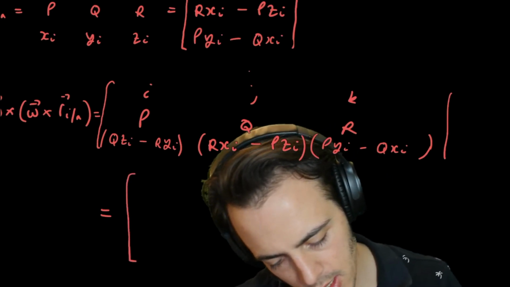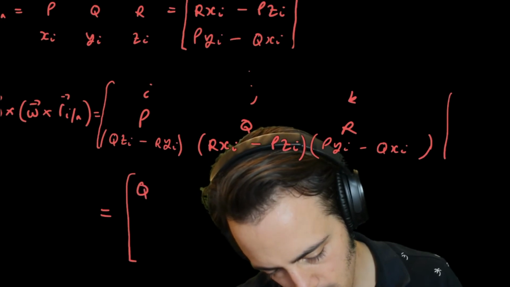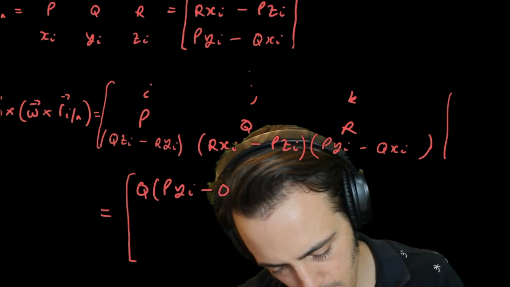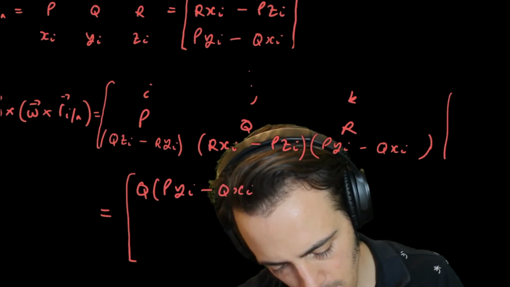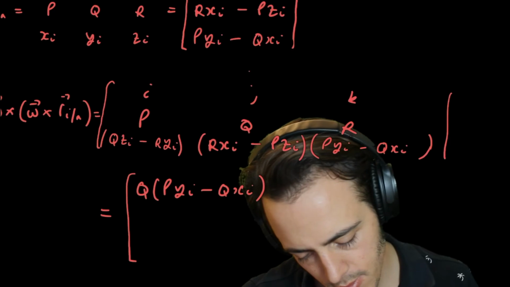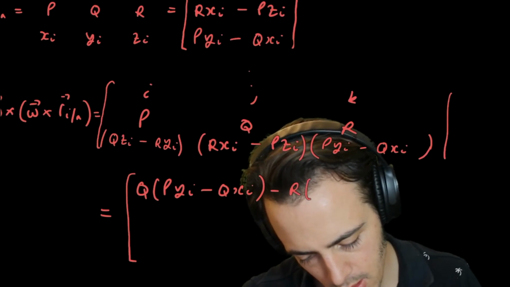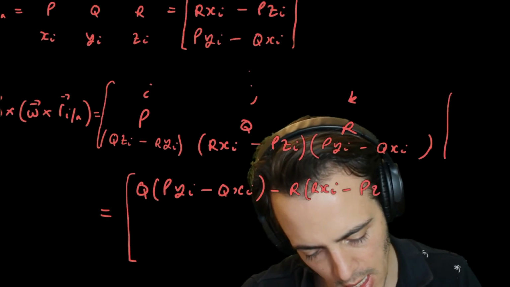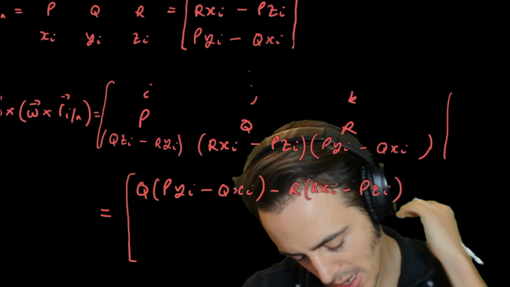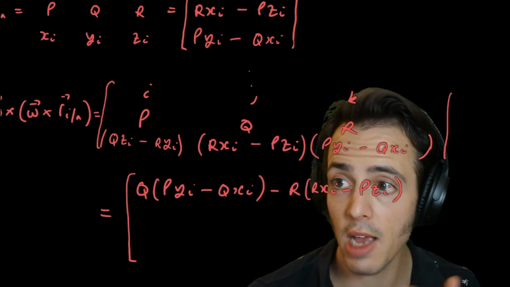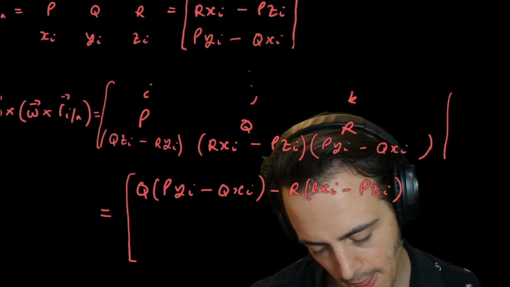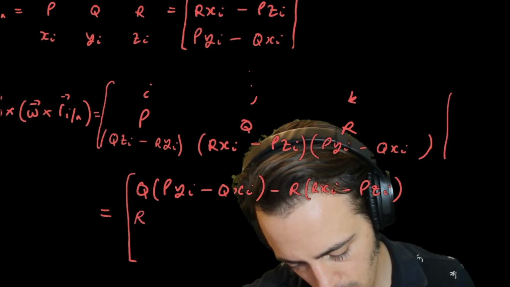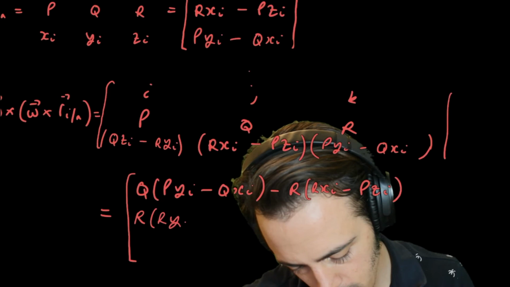So I'm going to get Q times P Yi minus Q Xi, minus R times R Xi minus P Zi. I'll show you how I knew I made a mistake in a moment. You might see what I've realized already. Okay, this next one we get R Yi.